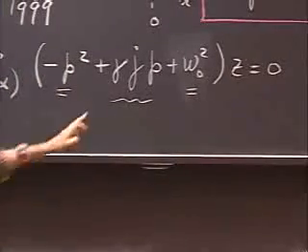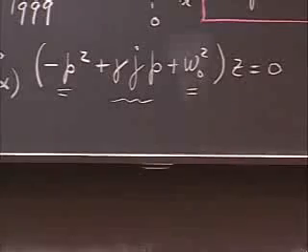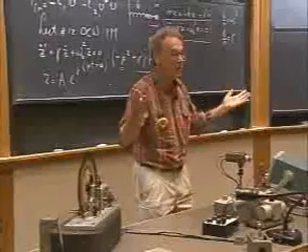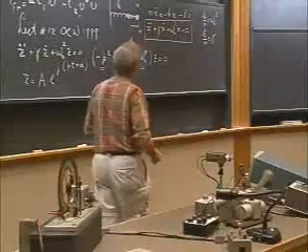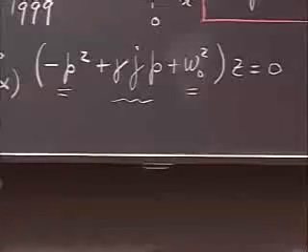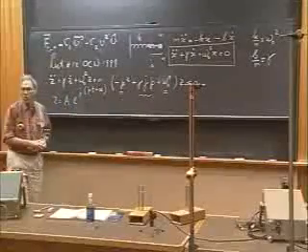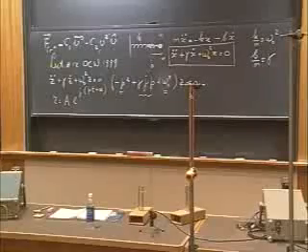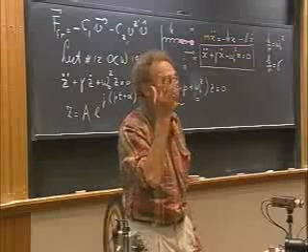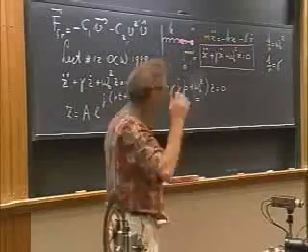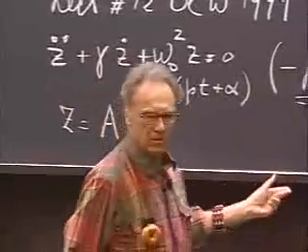Now, if you make gamma 0, you have no problem. There is no damping, so that's ridiculous. If you make p 0, then you no longer have any oscillation going on, because that pt is going to be the oscillatory thing. So that's also unacceptable. And so this won't work.